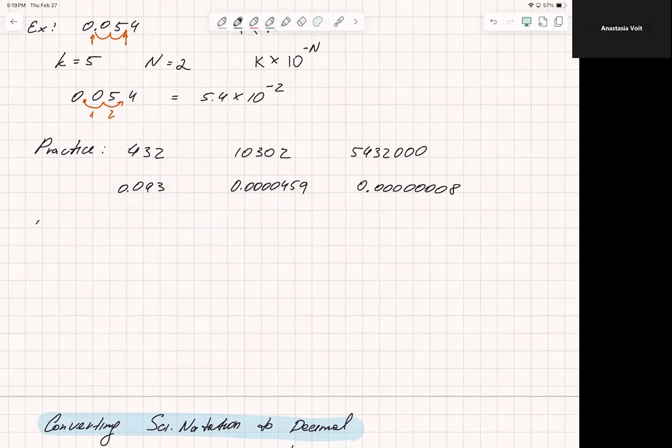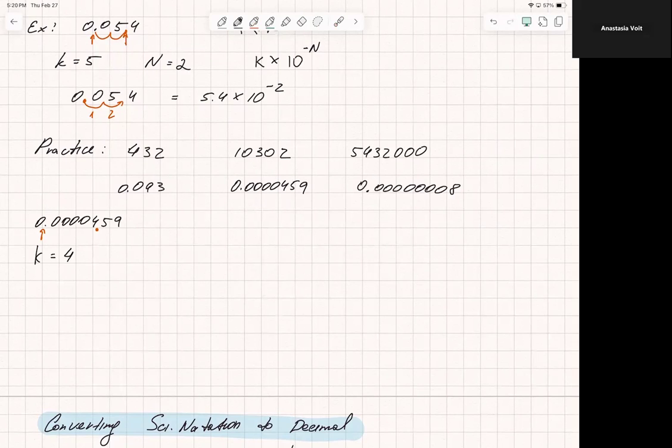So we have 0.0000459. We want to write it again in scientific notation. What is our K? K in this case would be 4. This is the first value that is greater than or equal to 1 and less than 10. So that's our K. That means we need to put a decimal place here. But originally the decimal point is located at the very beginning.